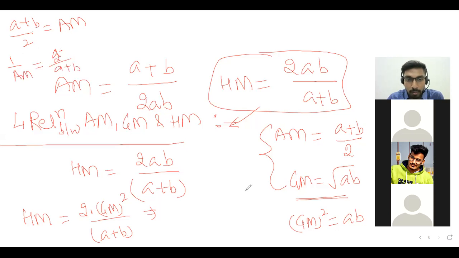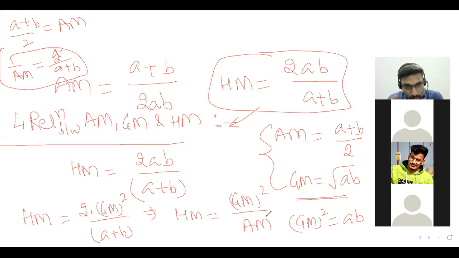We just reverse both. Is it clear? 1 upon AM equals 2 upon (A plus B), so HM equals GM square upon AM.